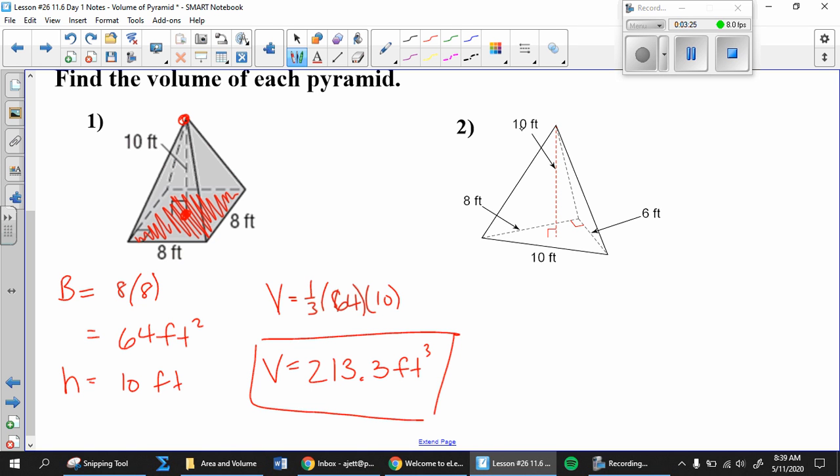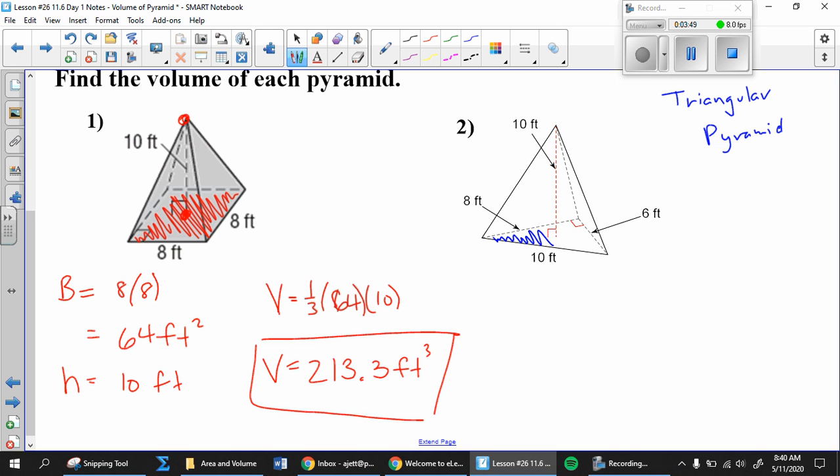This is actually a triangular pyramid, because the base is a triangle, and all the other faces are triangles as well. It's similar to a rectangular prism, where it doesn't matter which rectangle you choose to be your base. Same thing here. Technically, it doesn't matter which triangle you choose to be your base because they're all triangles.